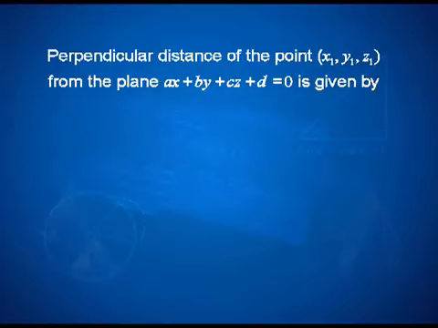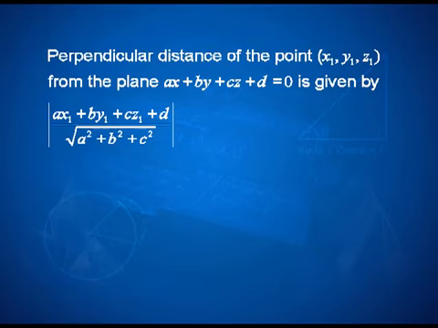Also, we have a small result which suggests that the perpendicular distance of a given point, say (x1, y1, z1), from a given plane ax plus by plus cz plus d is given as the absolute value of the quantity ax1 plus by1 plus cz1 plus d by under root of a squared plus b squared plus c squared.